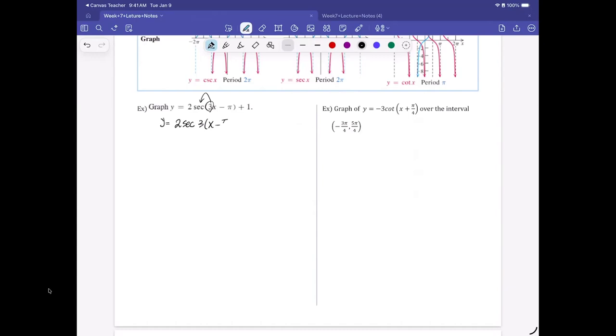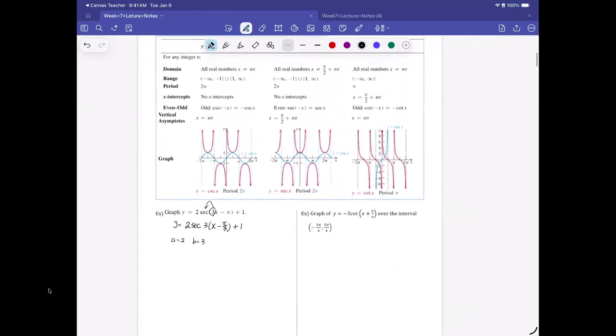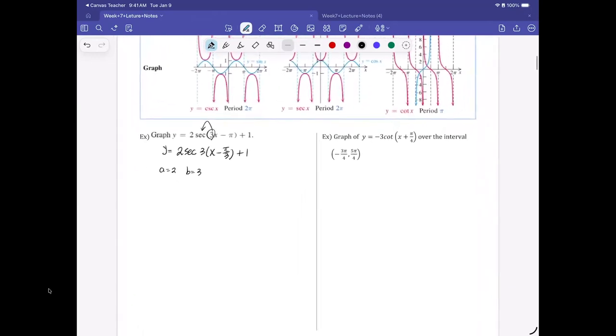So that's why this is pi over 3, and then plus 1. Then as you can see, a is 2, b is 3, right? And then c is pi over 3, and d is 1.